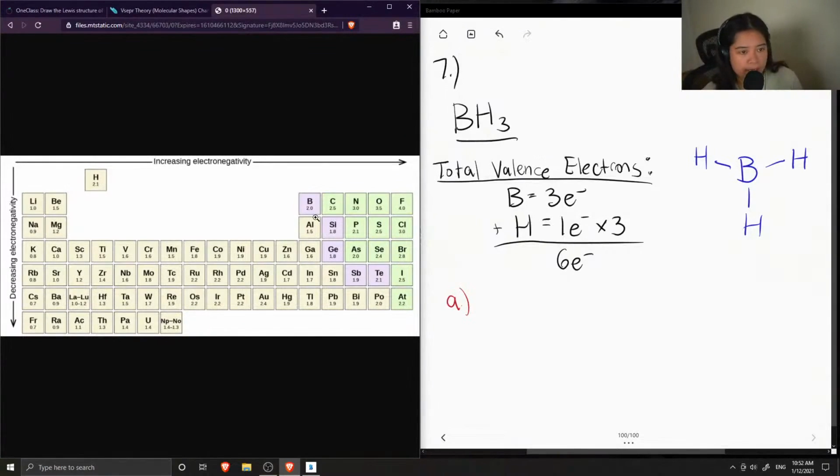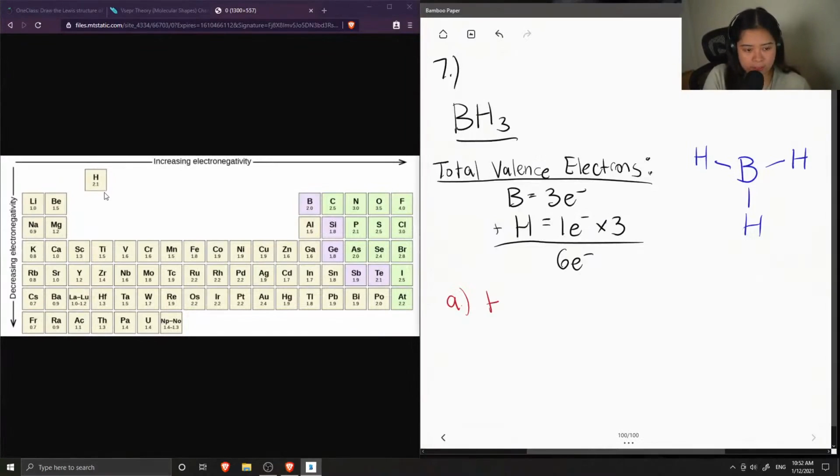So boron has an electronegativity value of 2.0, and hydrogen is only slightly more electronegative, having a value of 2.1. So we can say hydrogen is more electronegative than boron.